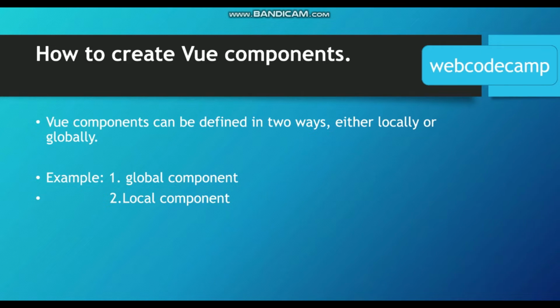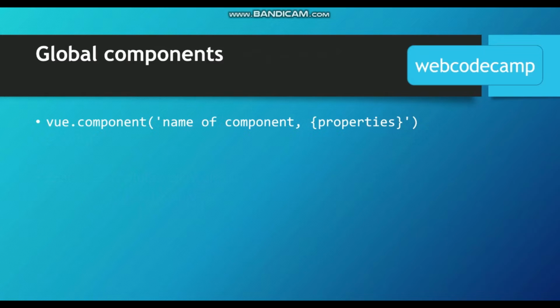Global components are registered globally in your app and can be used anywhere without having to export or import a file. You create a global component with the following syntax. Since the greeting card component is defined globally, it can be used in different Vue instances.